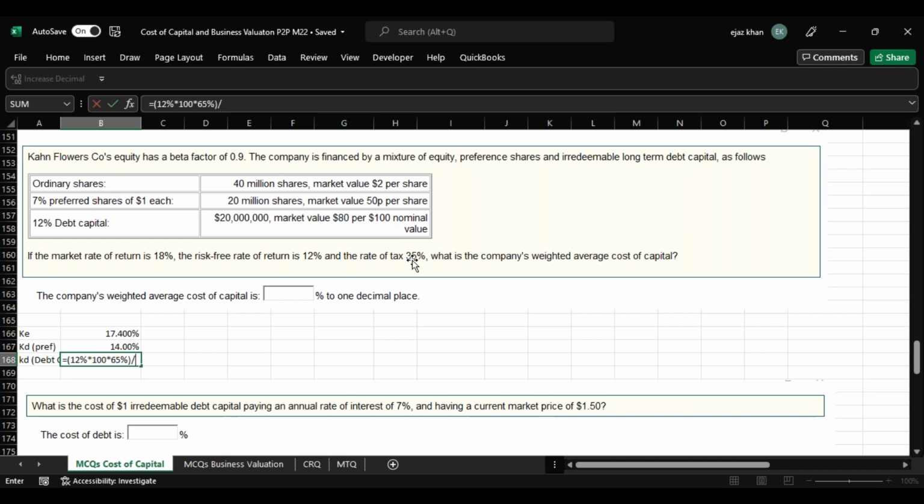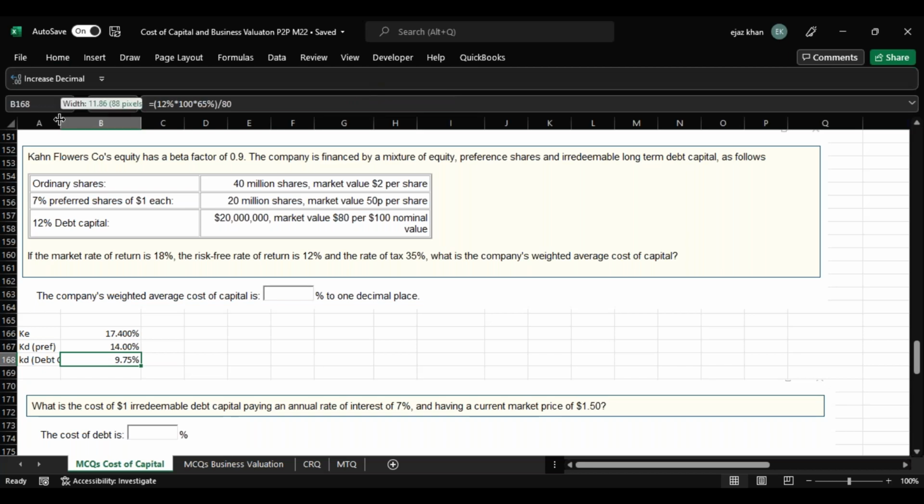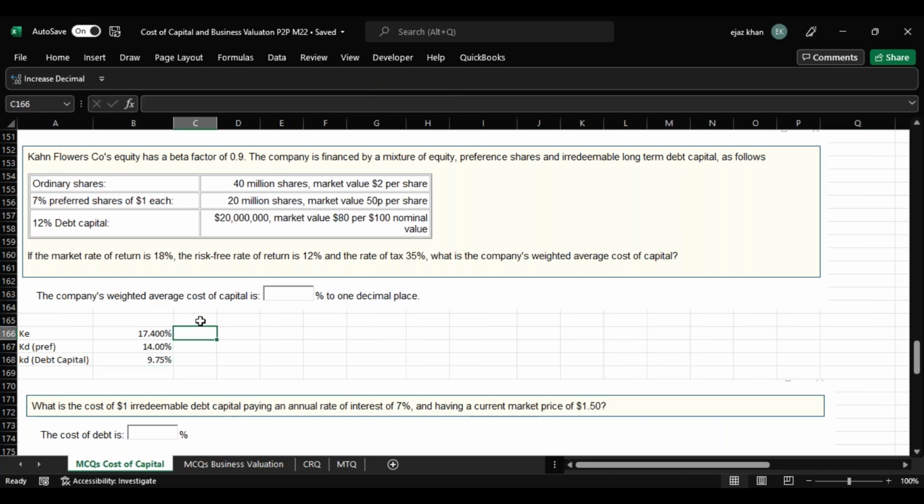After doing this, we divide it by the market value, which is 80. So 9.75%. So here we got the costs of individual sources, and then we need to pick up market values.